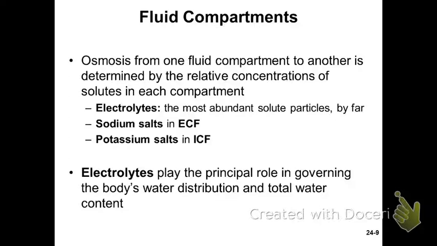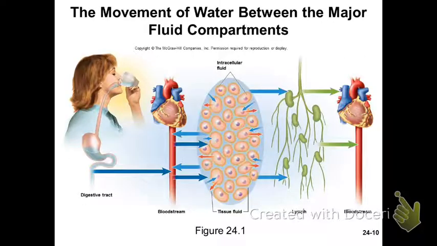And we're going to see also just how critical these electrolytes are in moving and distributing this water from one compartment to another. So we can see in this image that water coming into the body comes into the digestive system, but then it is brought into the bloodstream as well, so that is going to help with your blood pressure, but your blood vessels are also in constant exchange with your tissues.